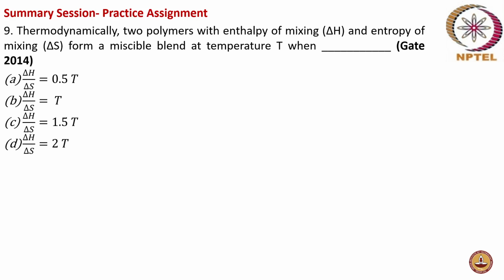For a miscible blend, the delta G is less than 0, but that is the only condition. What is the condition with the H and S? No idea. Okay, do you have any course on basic thermodynamics?